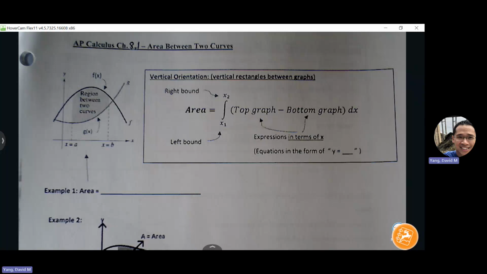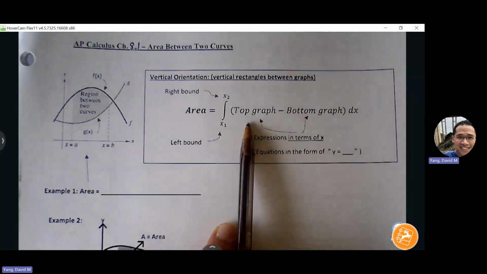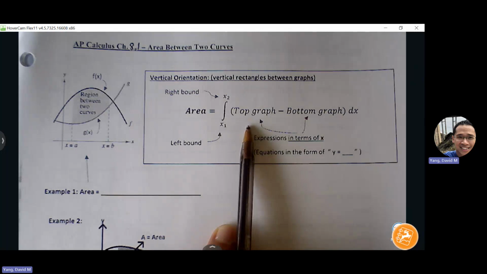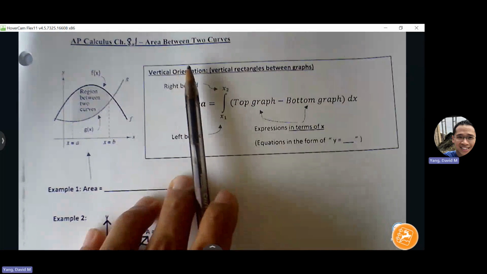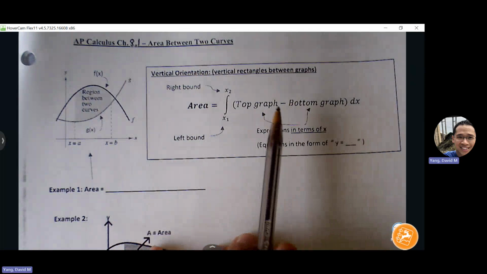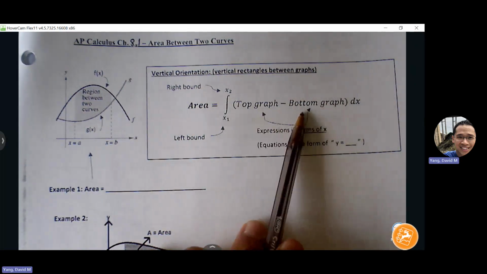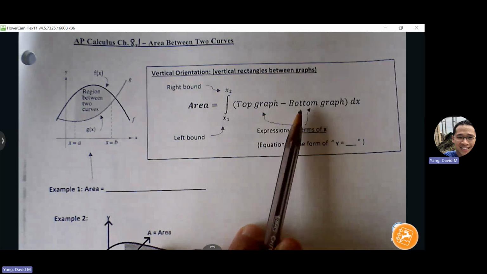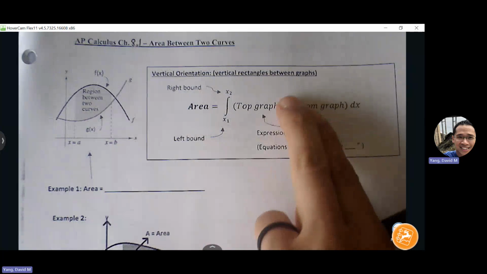so we already kind of know how to find area, right? Area is just the integral of the function, but we talked about how with displacement, sometimes we may end up with a negative value. But if we're talking about area, to ensure that we're always getting a positive value, we do this. We do top graph minus bottom graph. Okay. Before, we never really had a bottom graph.